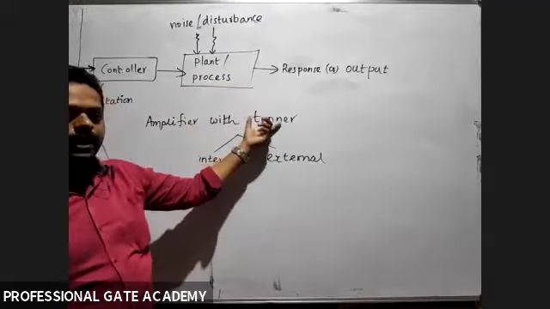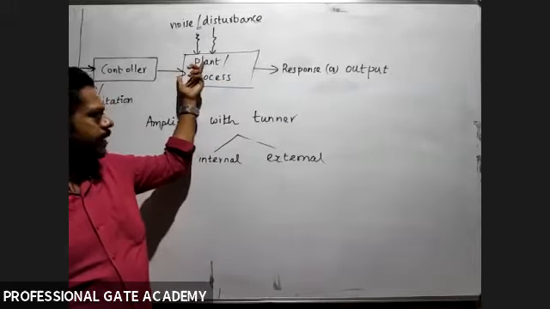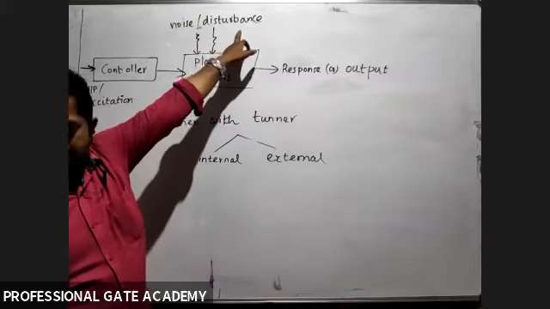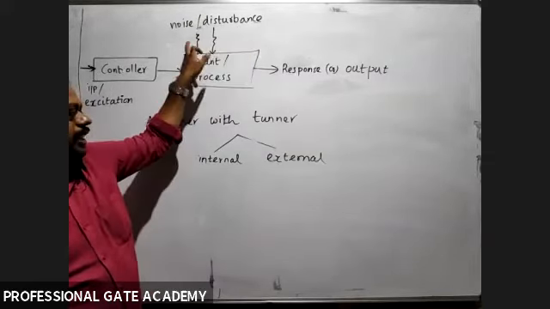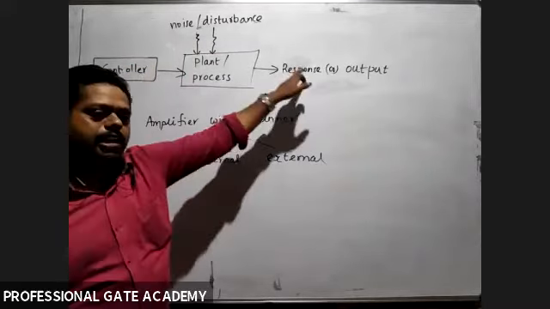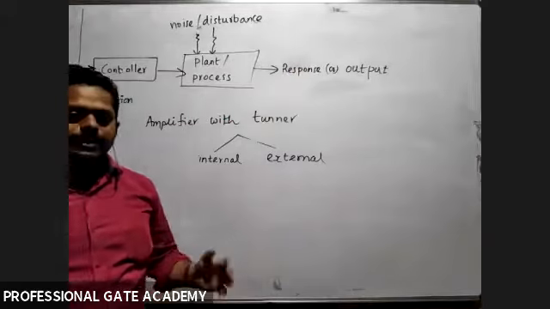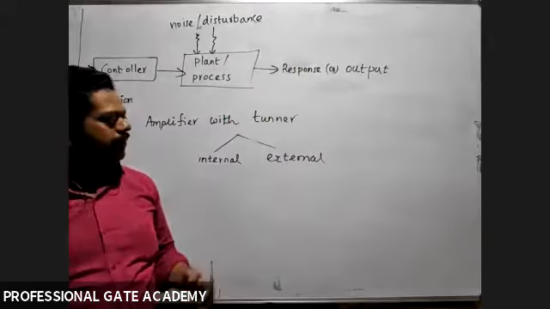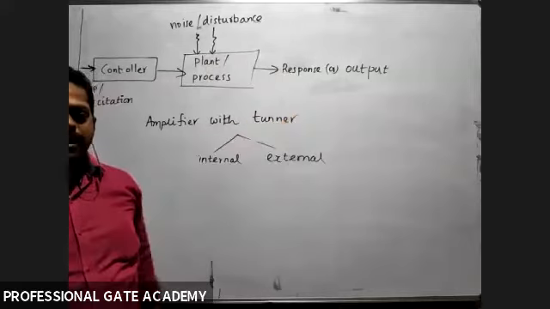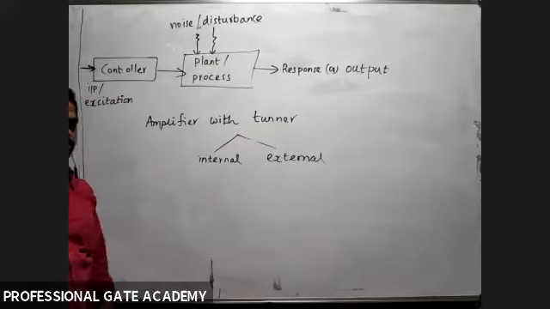An amplifier with a tuner is a control system. Why? Because the amplifier gets affected by internal noise or maybe external noise. To overcome that, controllers are used to get the desired output. Already I told you: the system is used to get the proper output, but controllers are used to get the desired output.